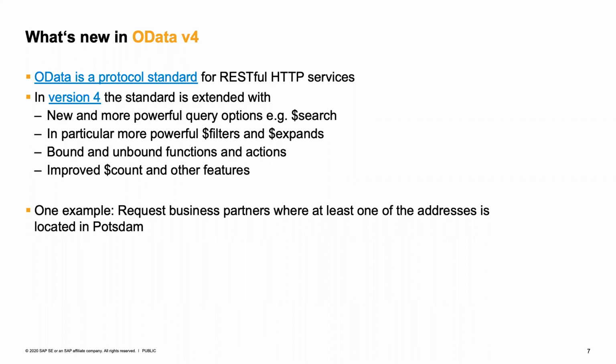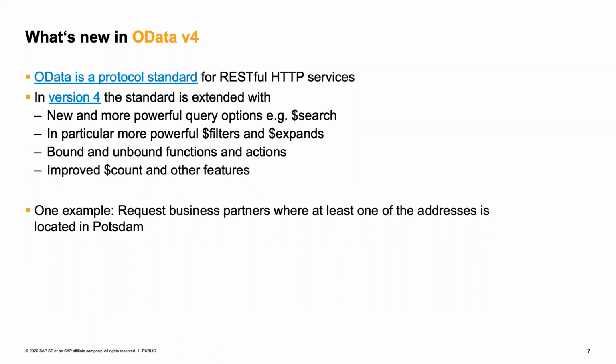And then there are also other improved features, like, for instance, $count, which allows for either more flexible or more clear statements and requests. One example, a request that is possible with v4 that wasn't possible before, is requesting all business partners where at least one of the associated addresses is located in Potsdam.